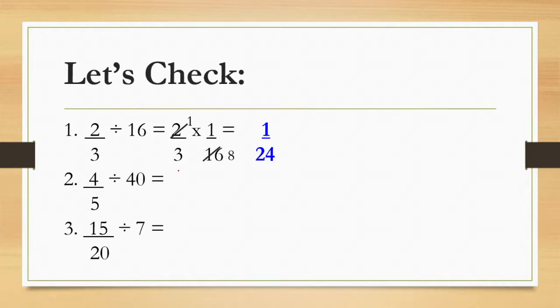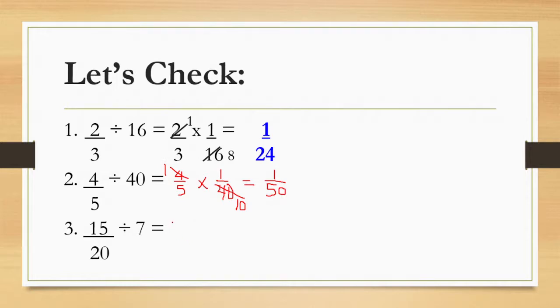So this is 4 over 5 times 1 over 40. 1 times 1 is 1, and 5 times 10 is 50. So the answer in number 2 is 1 over 50.